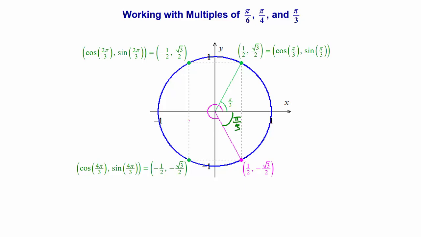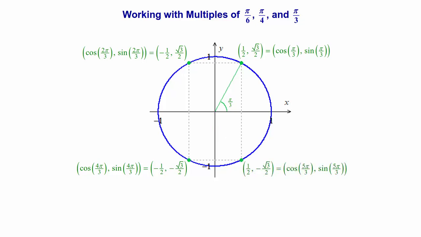So the pink angle is a full revolution, 2 pi, minus pi over 3, which equals 5 pi over 3. And so we know that that angle there is 5 pi over 3. So the point that's specified by that angle is the sine and cosine of 5 pi over 3.